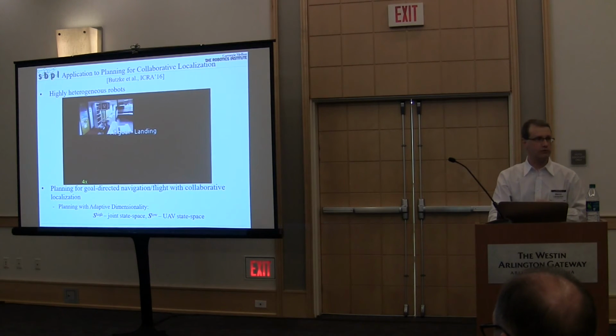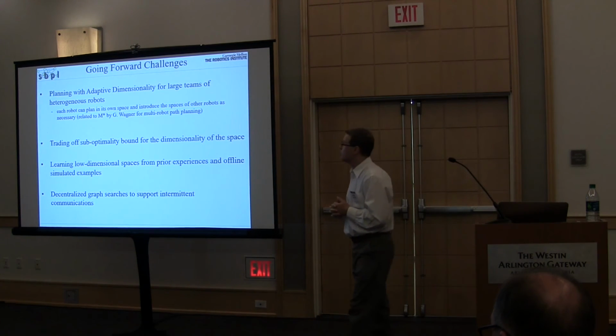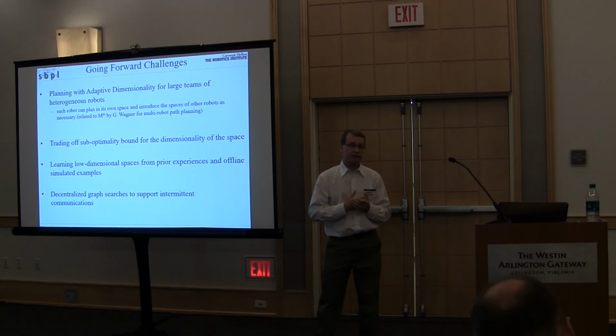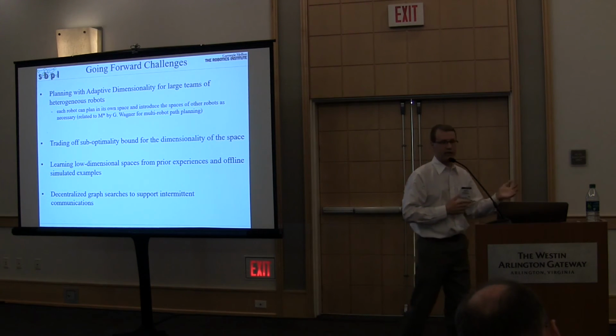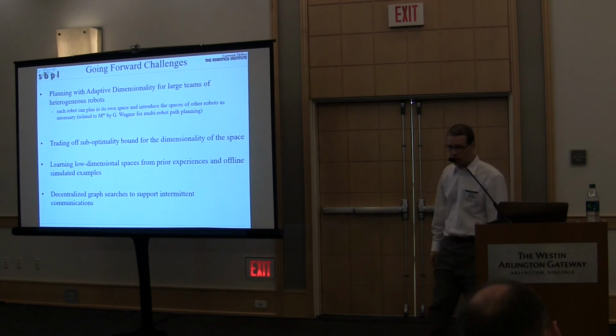I have the last slide. Basically, concluding, I think the framework of planning and dimensionality that Colin has developed is a very interesting one, and we've shown application to two robots, namely in the context of planning for collaborative localization.